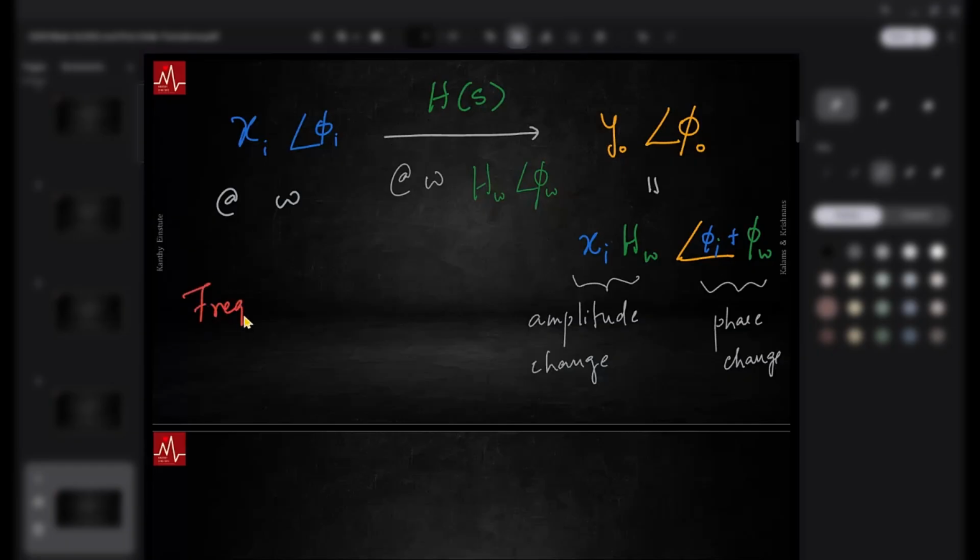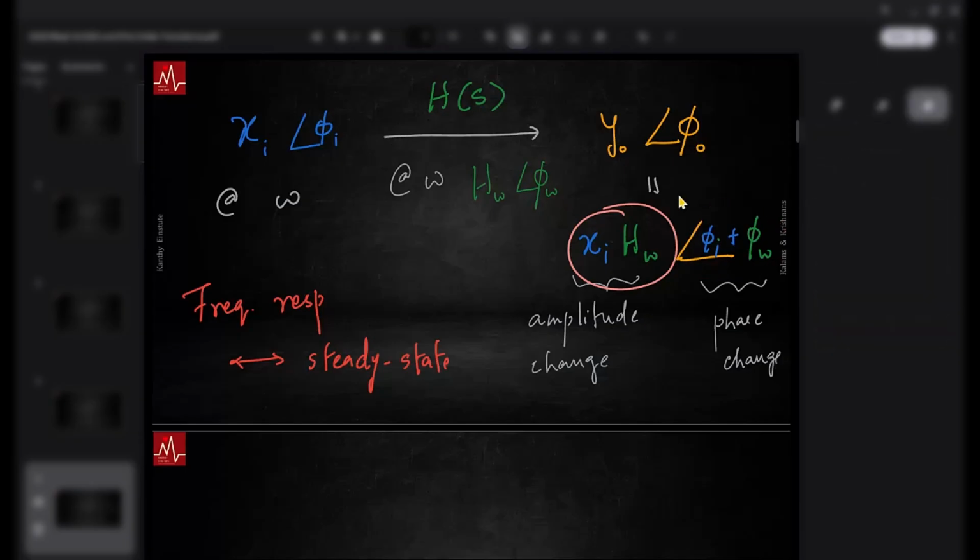When they say frequency response, it implies you're talking about steady state. There will be initial transients, but in frequency response, all you care about is the change in input amplitude and the change in phase. Does it make sense?